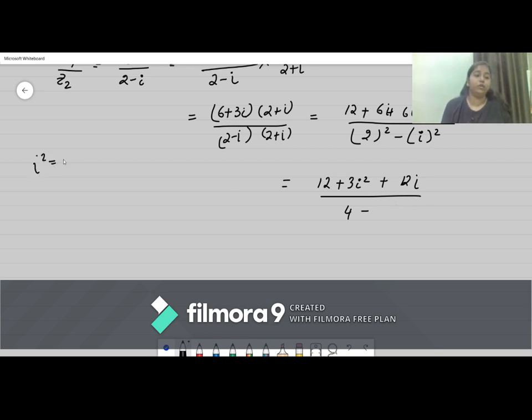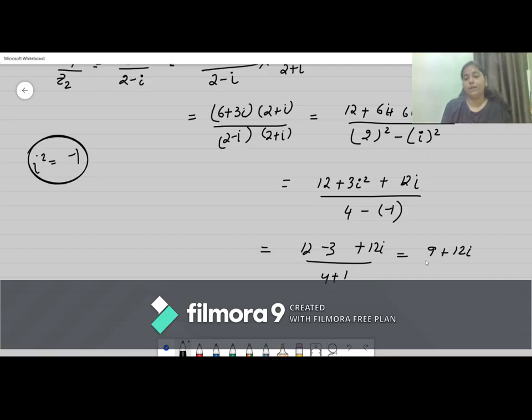I square, you need to know what is i square. Okay, i square is minus 1. Above also we will substitute. Okay, 9 plus 12i divided by 5.